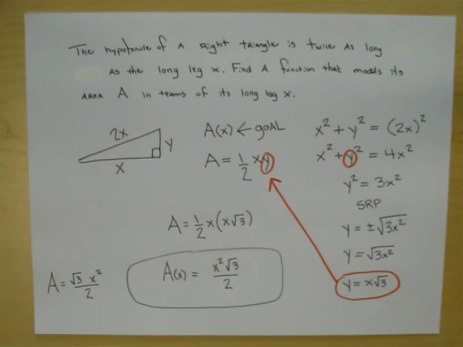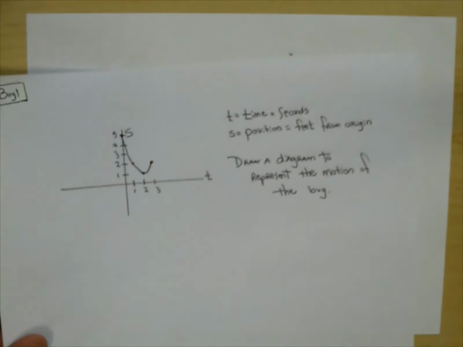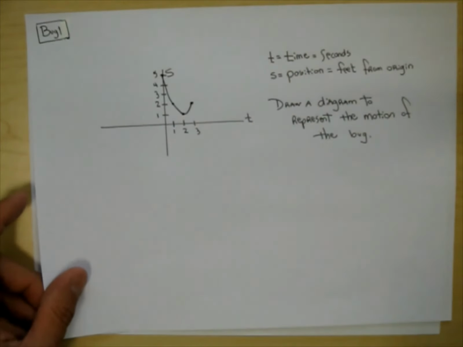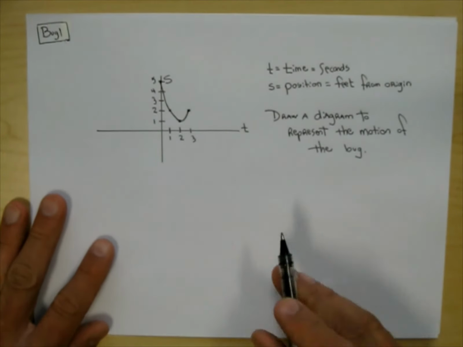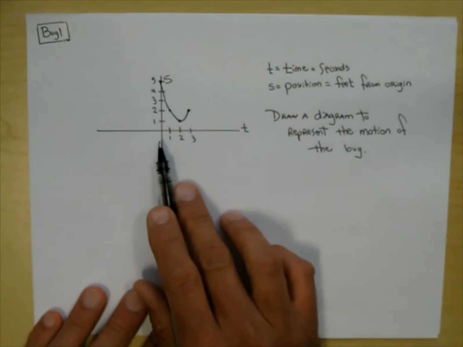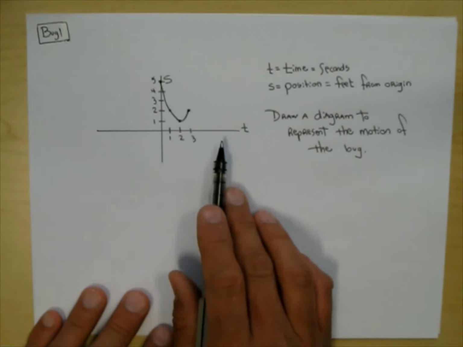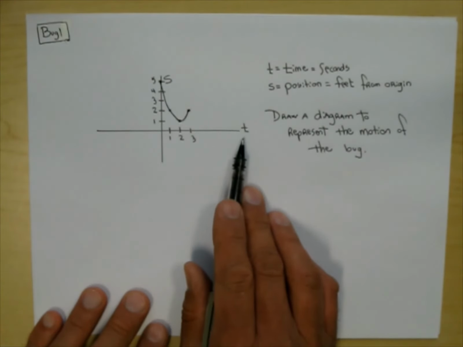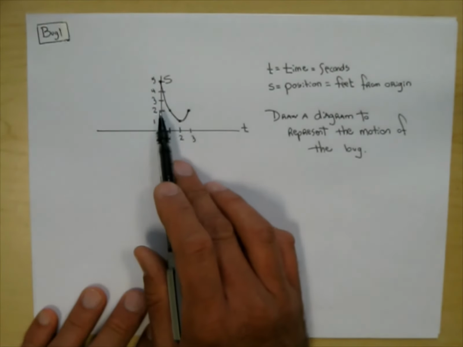Okay, so let's turn our attention to bug 1. So here's bug 1. What we did on bug 1 is we have a graph of a function where the input is time, measured in seconds, that's the x-axis, and the output is position, which is feet from the origin, measured in feet.